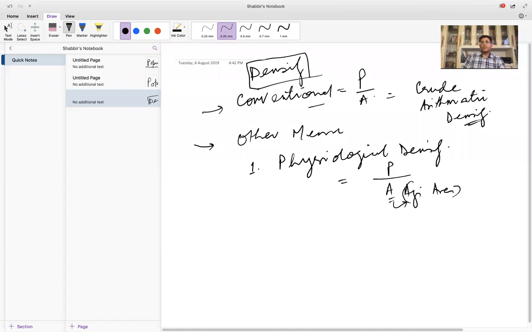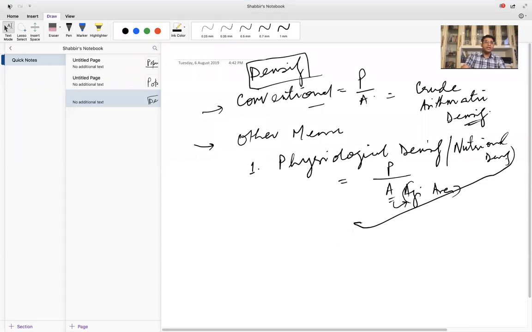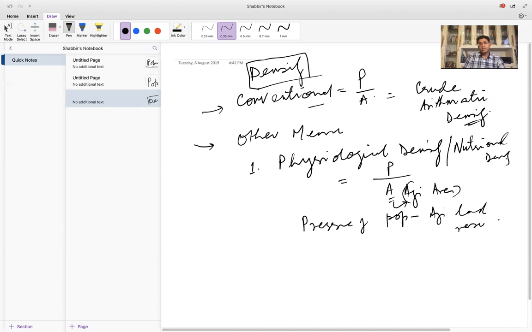This is also referred to as nutritional density. What this measure does is it gives us an idea about the pressure of population on agricultural land resources.